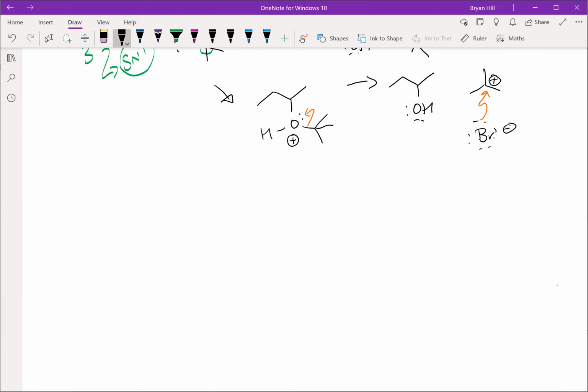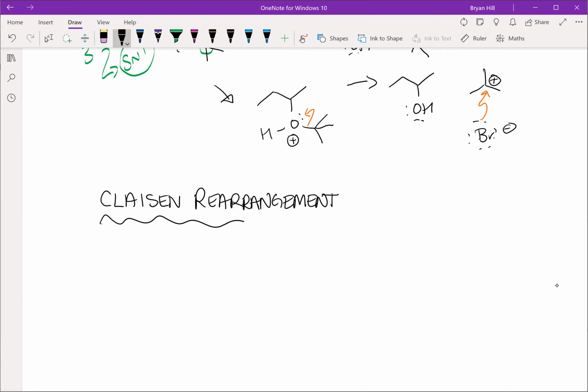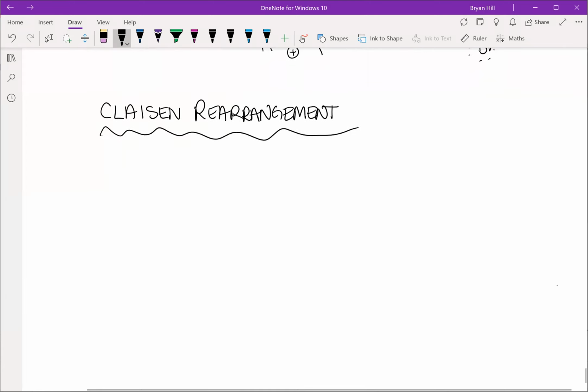And that is the Claisen rearrangement. Okay, let's see here.